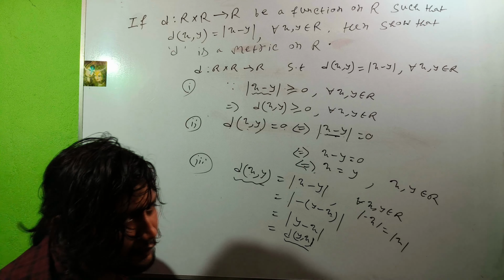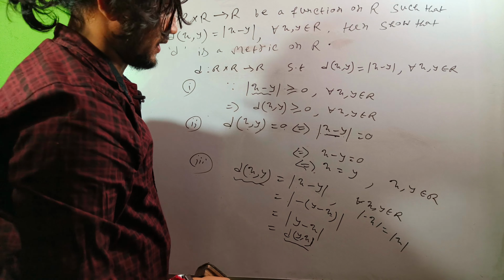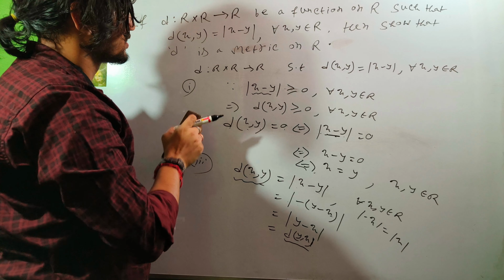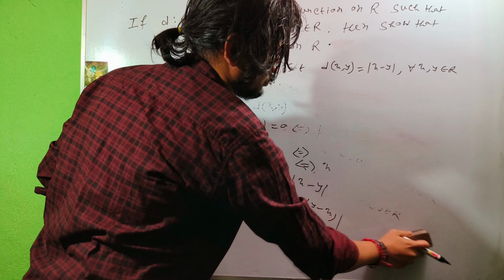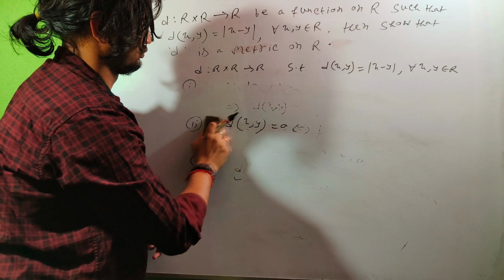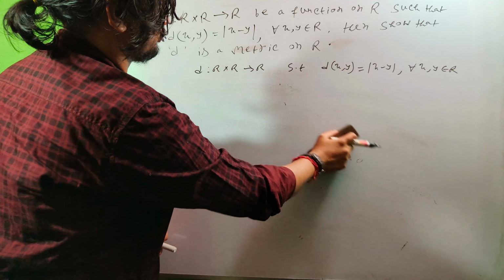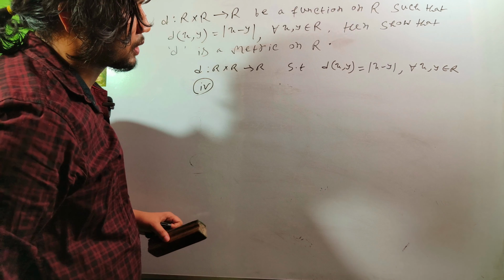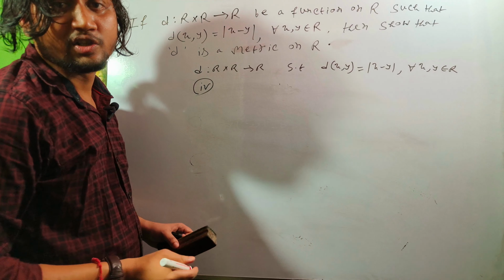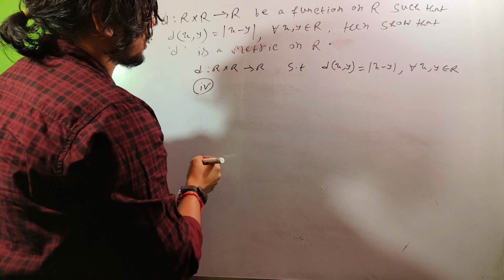Now the only remaining property to say D is a metric is the triangular property. Let's go for the fourth property, which is known as the triangular property. And what is this property?